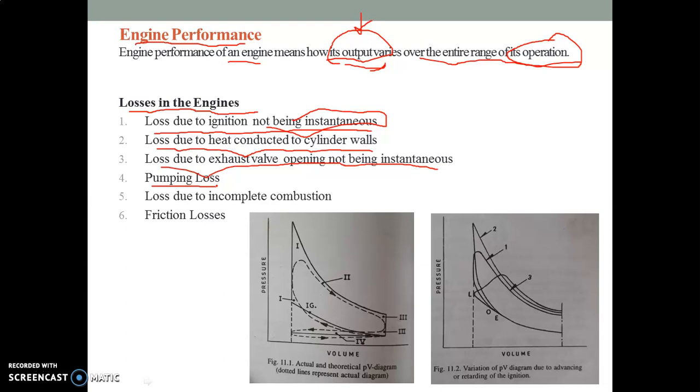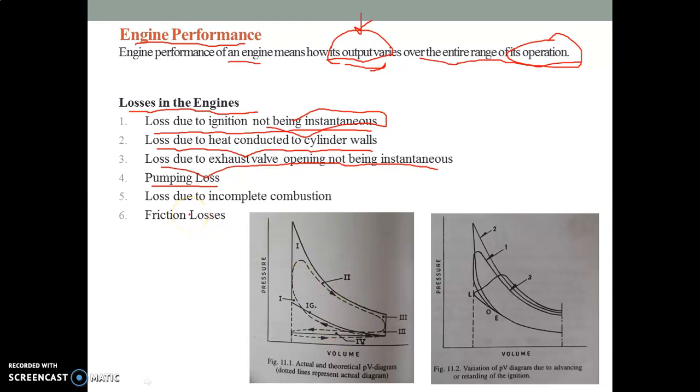A finite difference of pressure is required both for the inflow of the charge as well as the outflow of the exhaust gases. This results in the loss of power represented by the area O in this diagram. So this represents the pumping losses. The design of the carburetor and inlet manifold affects the flow of charge to the cylinder.